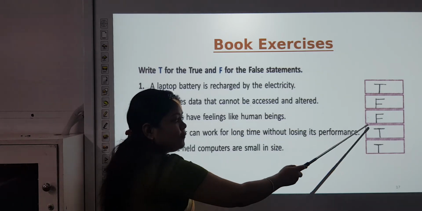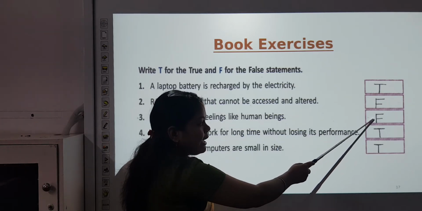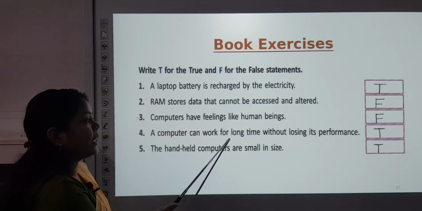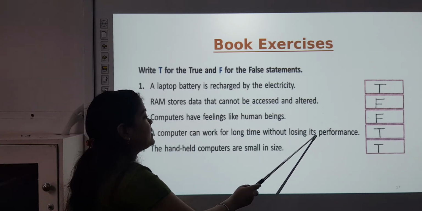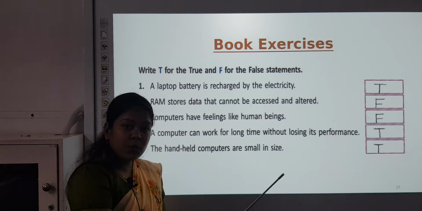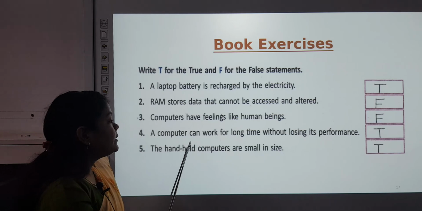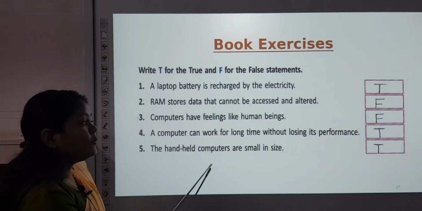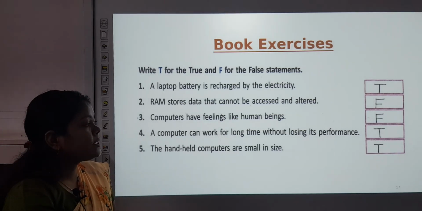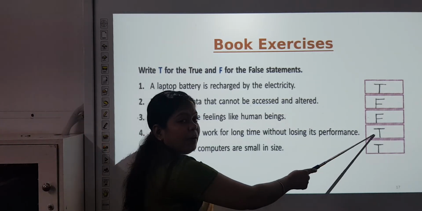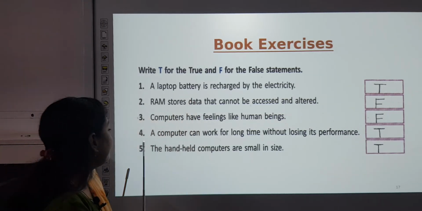So, it is false. Write capital F here. Next, a computer can work for long time without losing its performance. We all know computer is a very diligent machine. So, it can work for long time without losing its performance or without getting tired. So, it is true. Write capital T here.